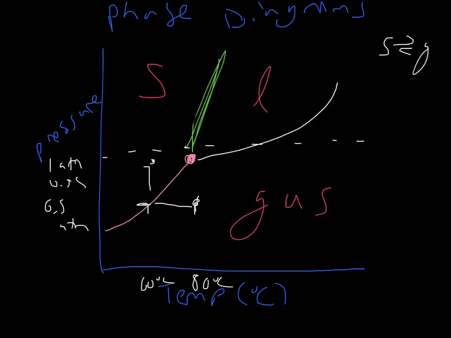Well, as you can read on our graph, if I told you, hey, at 2 atm, we'll say that's there, and at 160 degrees Celsius, we'll just say that's there, what state of matter will it be? Well, go up to over 160. The line doesn't really cover, but that looks like it's going to be a gas.